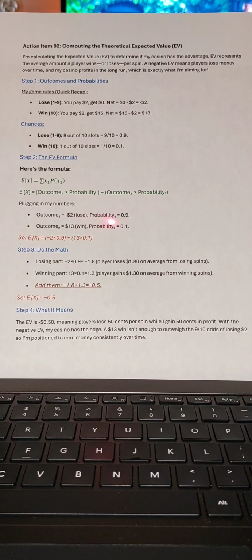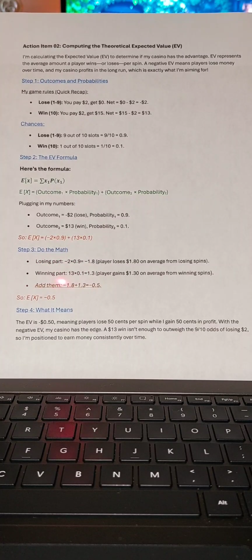Probability 1 equals 0.9. Outcome 2 equals $13, win. Probability 2 equals 0.1. So expected value equals negative 2 times 0.9 plus 13 times 0.1.